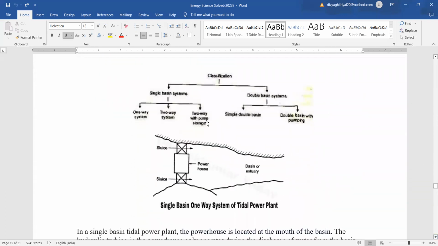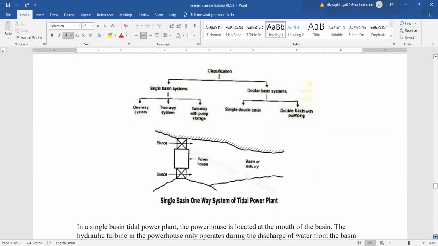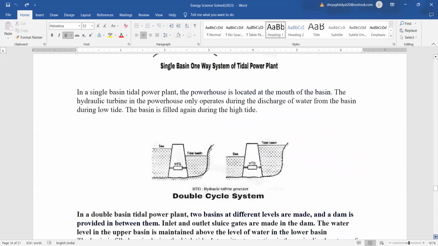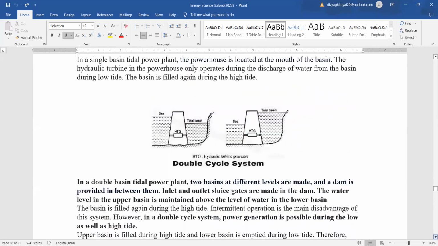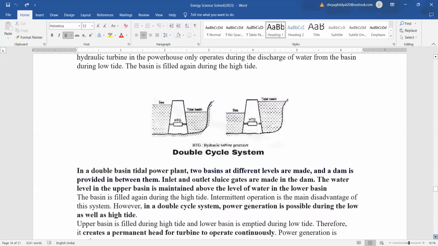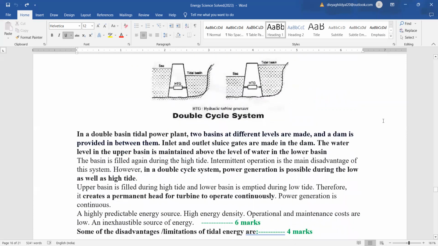Single basin and two basin system. See, the one-way system comes as the single-basin system of a tidal power plant, and in the two-way system you have a double cycle system. In a basic tidal power plant, two basins at different levels are made and a dam is provided between them. Inlet and outlet gates are made in the dam.